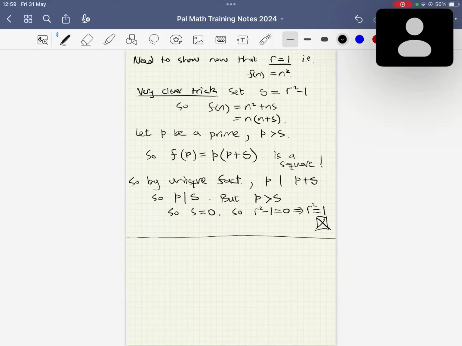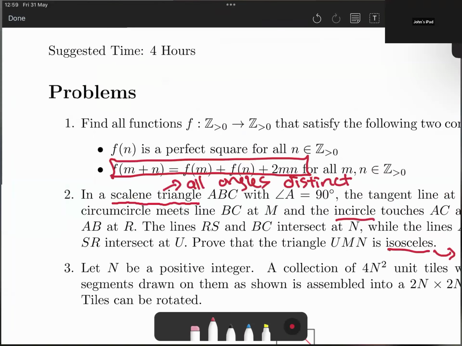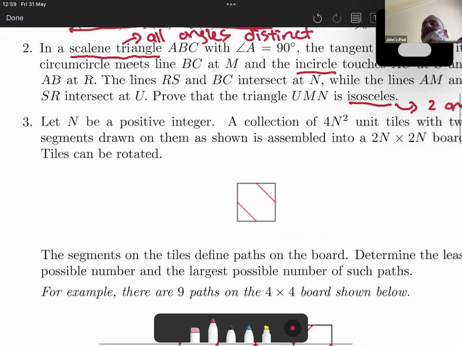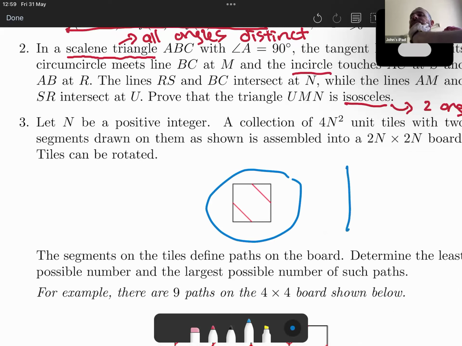No, it's all clear. Okay, so question 3. Okay, so we've got these funny tiles here. So basically we have to tile, we've got 2n by 2n tiles.